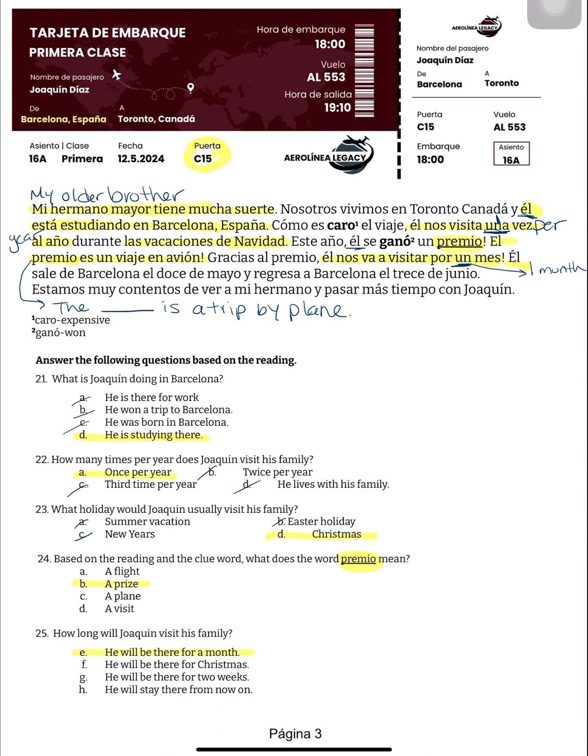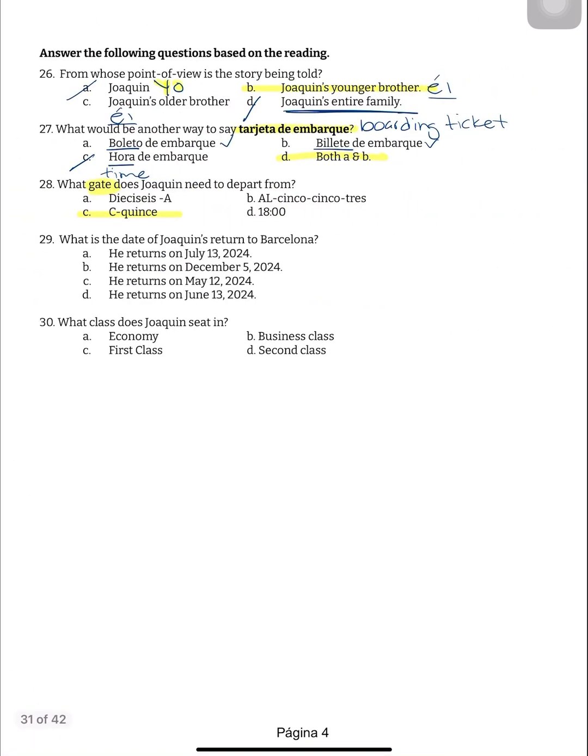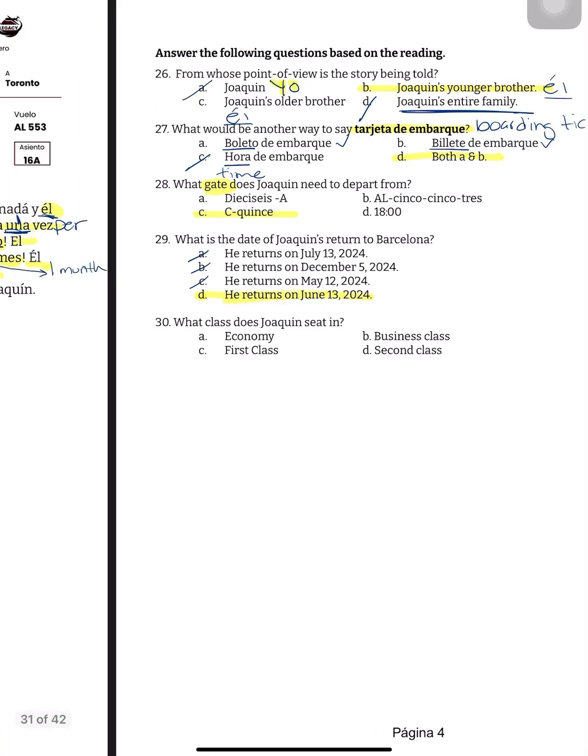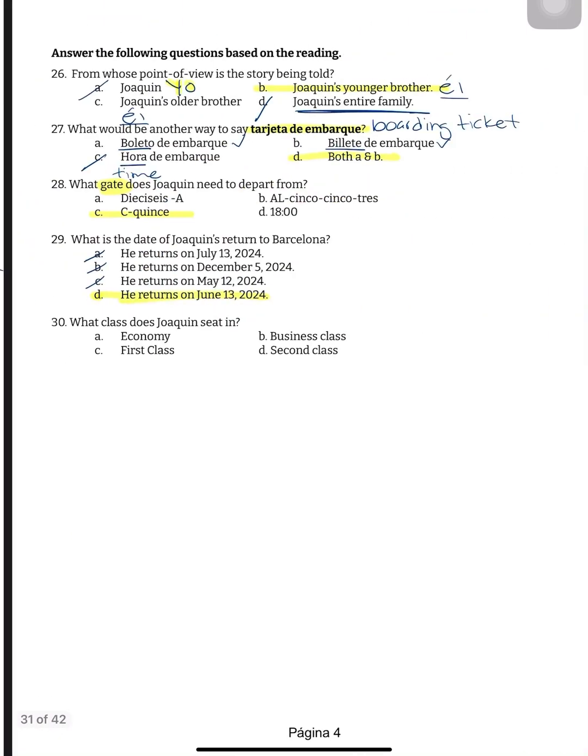So it says, él sale de Barcelona el 12 de mayo y regresa a Barcelona el 13 de julio. So he returns, okay? 13 de julio. So 13 de julio, this is July, December, May, 13 de junio, which would be June 13th, okay?